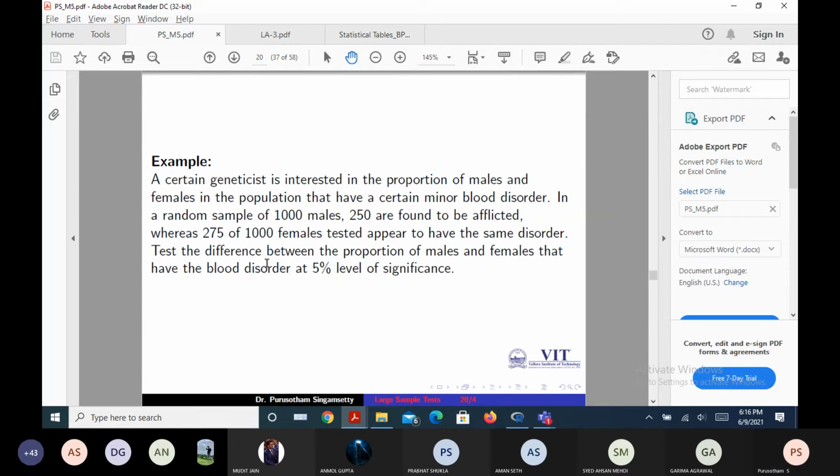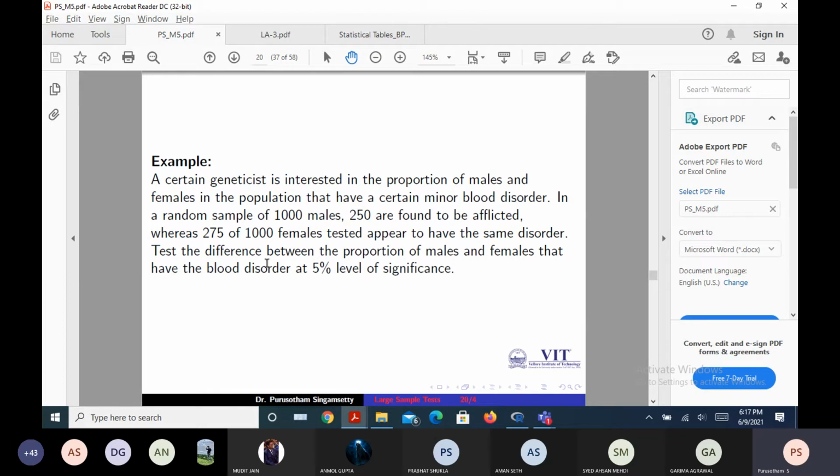In a random sample of 1,000 males, 250 infected.